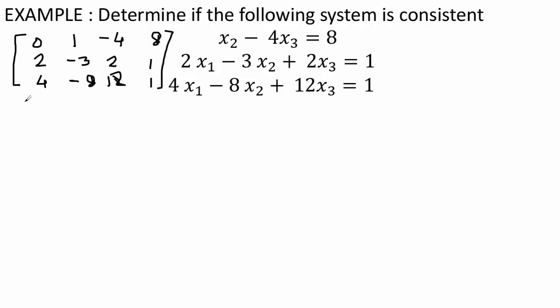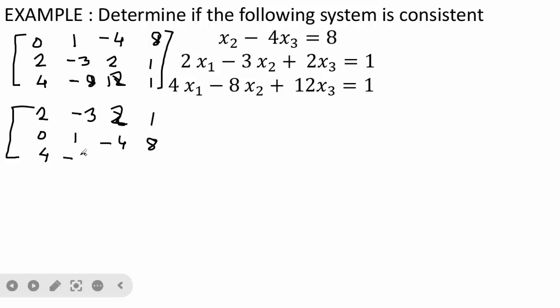If I transfer second row to first place, that means R12, if I apply R12, I will get 2 minus 3, 2, 1, 0, 1, minus 4, 8, and 4 minus 8, 12, and 1.